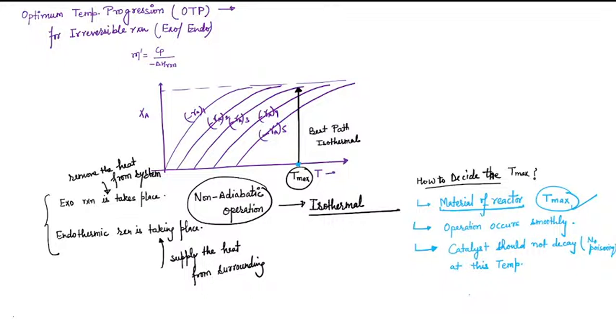No side reaction occurs. I will decide that temperature. The catalyst should not deactivate or decay. According to that, I will decide what my maximum temperature should be. Are you finding all these points or not? Tell me.